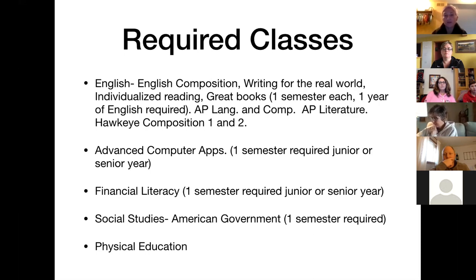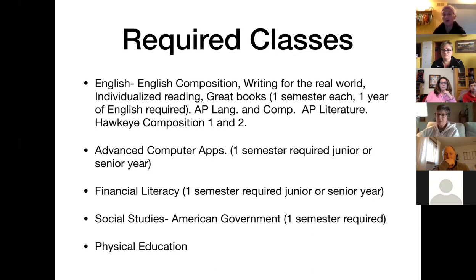You'll also have the option of doing a Hawkeye English class, composition 1 and/or 2. That composition class will only count for the writing English credit though. So if you're planning to graduate early, you'll still need to take that reading English credit. Even if you're not planning to graduate early, it will count for that writing portion.